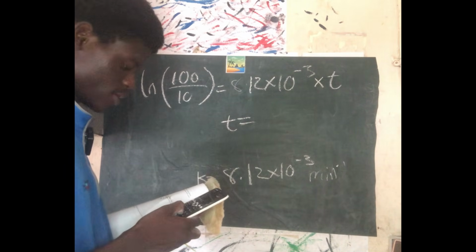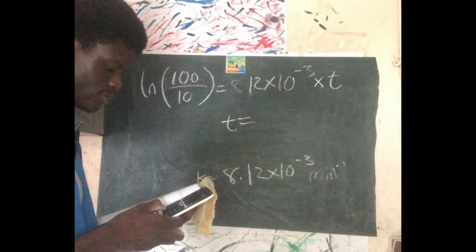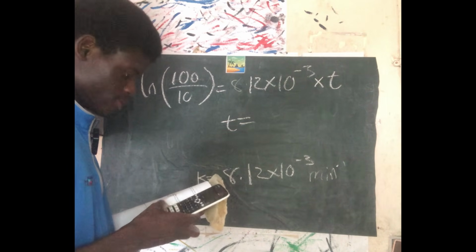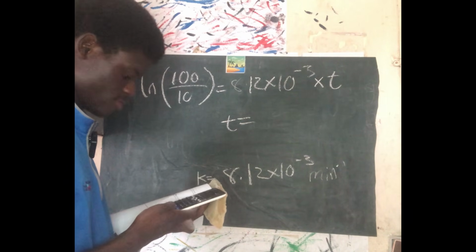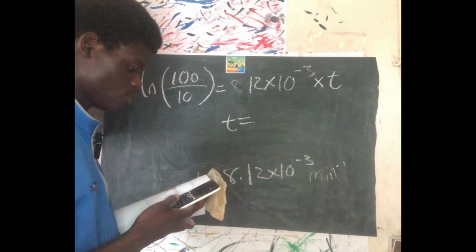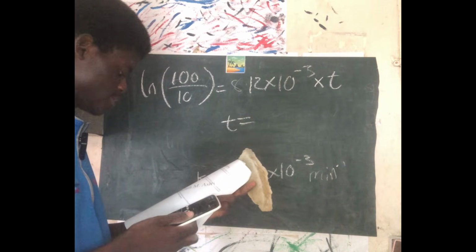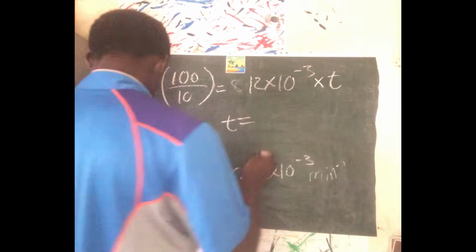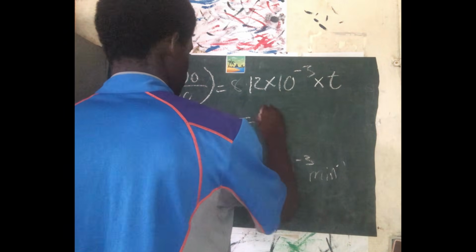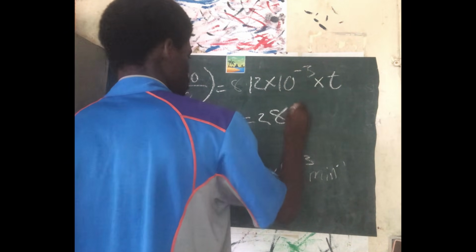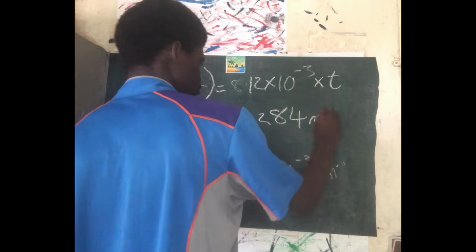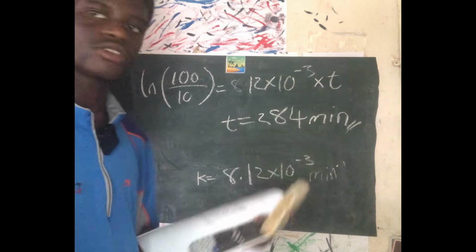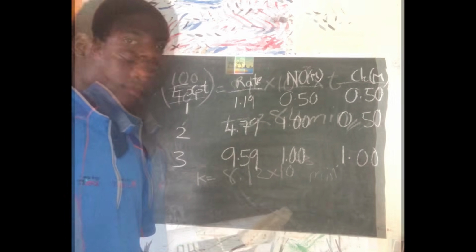To get time, that's ln 10 divided by 8.12 times 10 raised to power minus 3, and that will give you 283 minutes, and that's option E. So our answer is 283.5 minutes. You can approximate to 284 minutes, and that's option E. So 13 is option E.